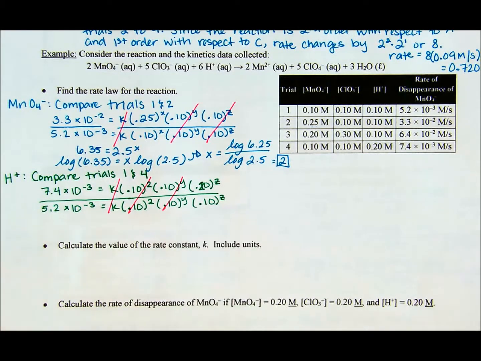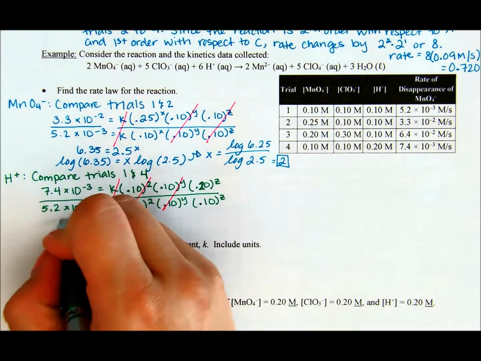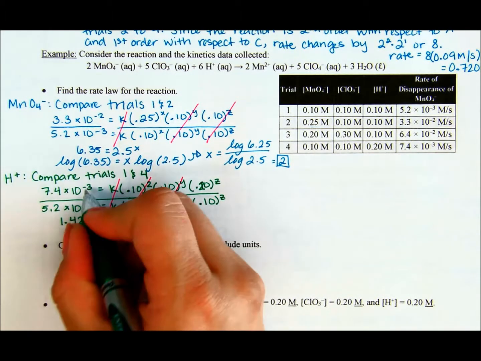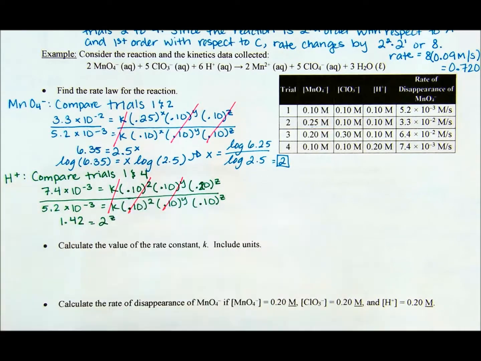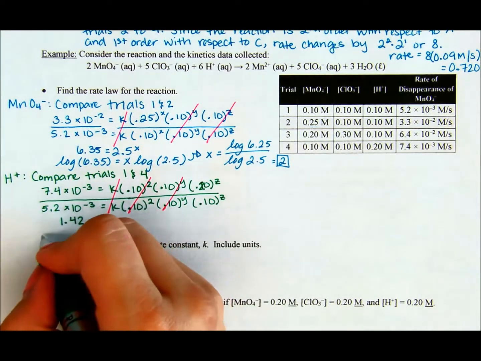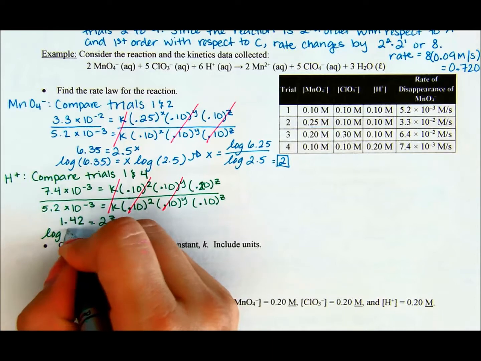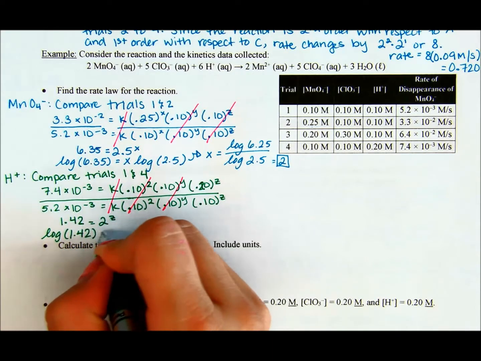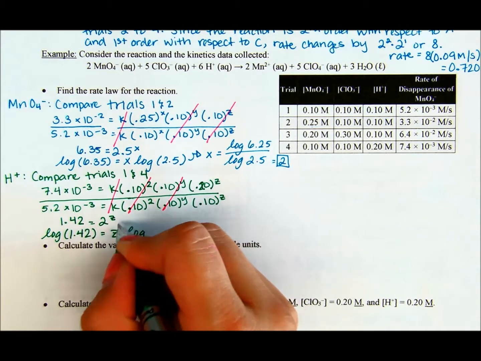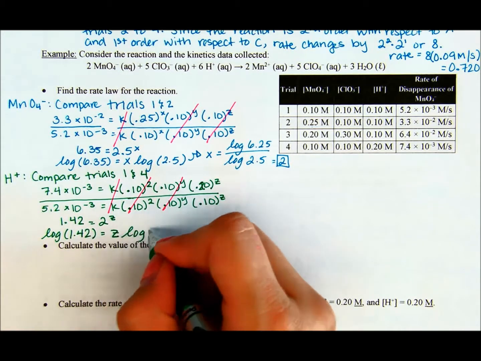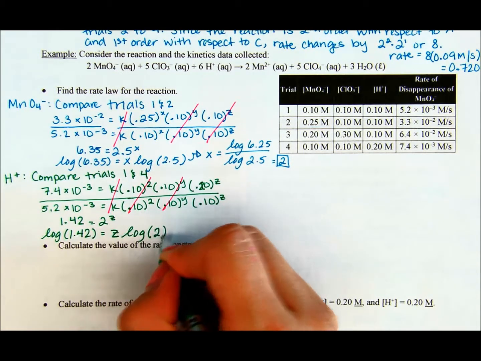So we're going to get our z here. So plugging this in, you get 1.42. Just divide these numbers by one another, equals 2 to the z. So let's figure out what z is by using our log rules. So again, log of 1.42 equals z. So just bring that exponent down there in front of the log, times log 2.